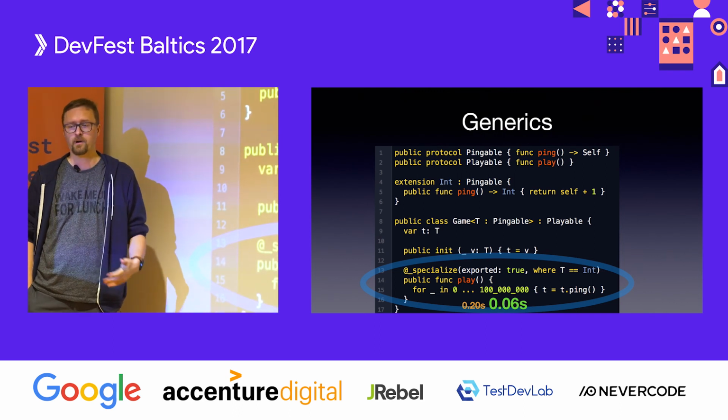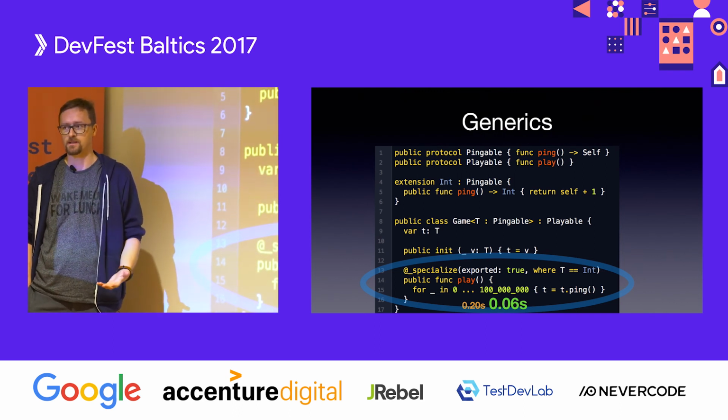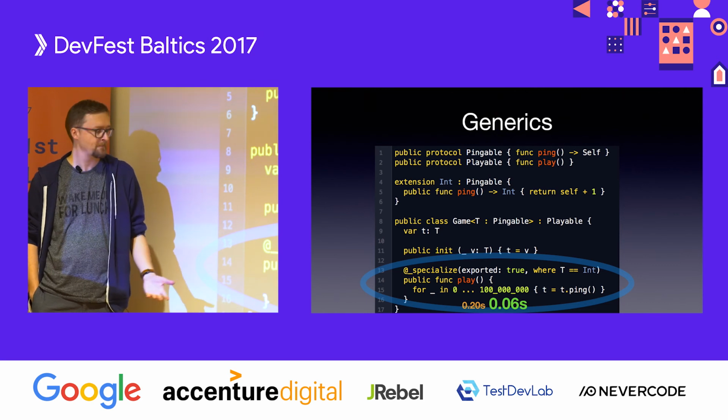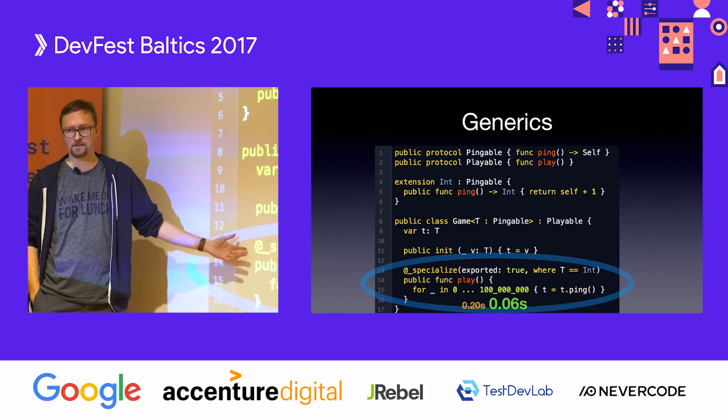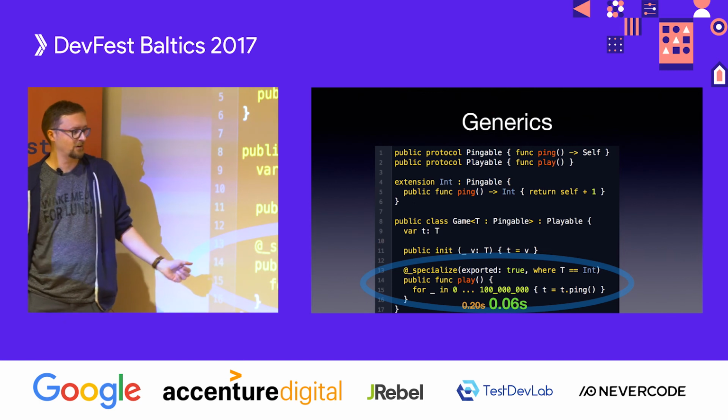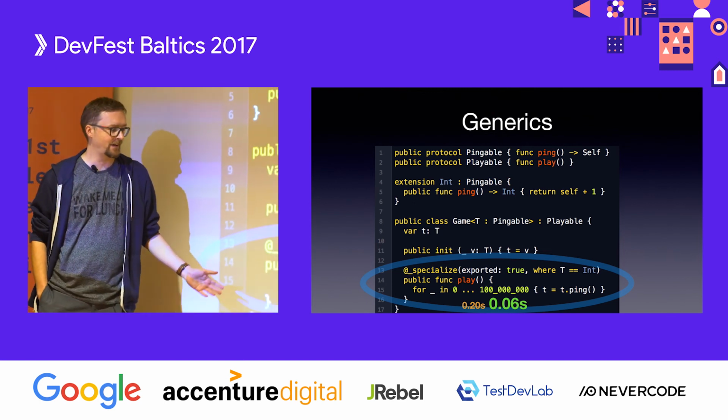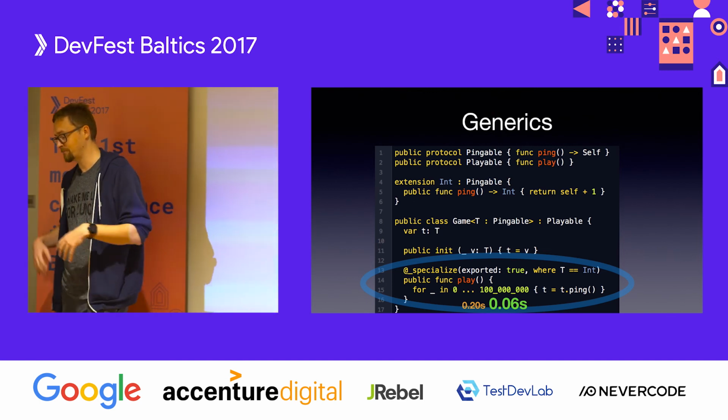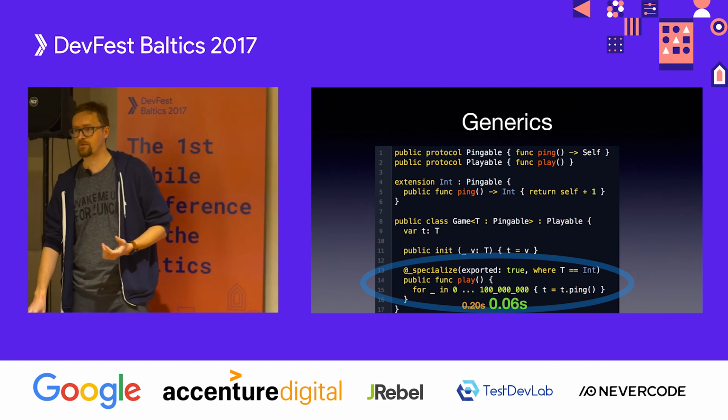Normally the compiler specializes the generic function by itself, but sometimes you have to help it. And this is the kind of help you can use. It has a very big impact on performance.